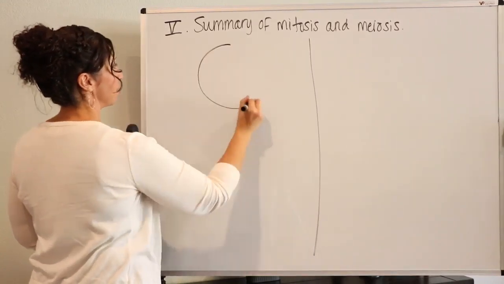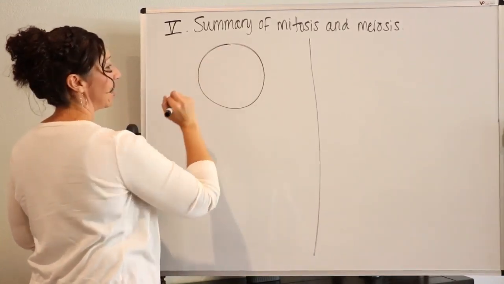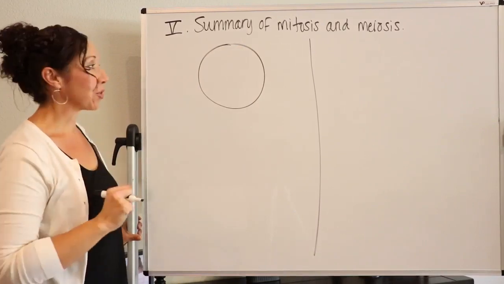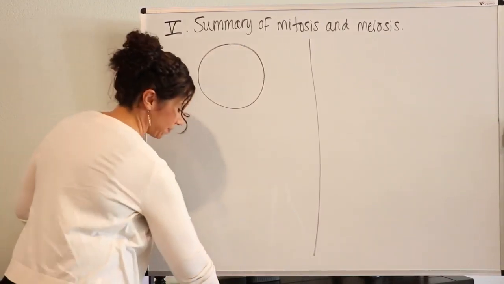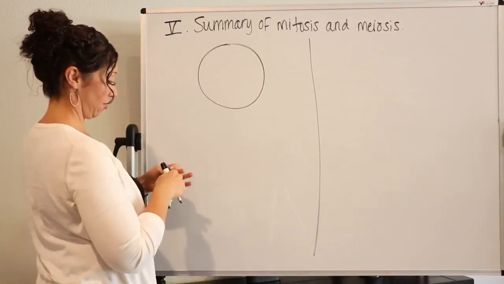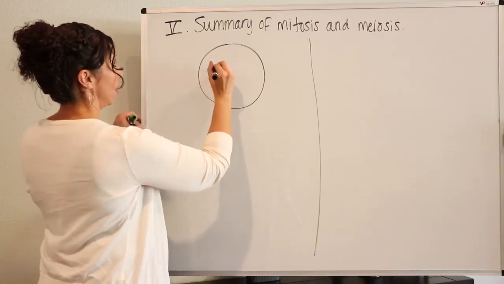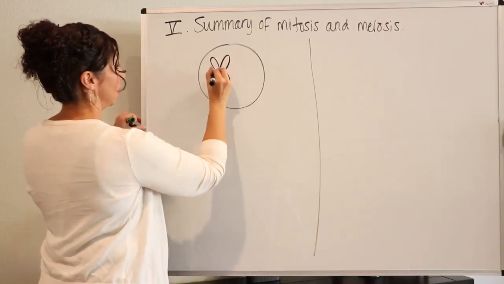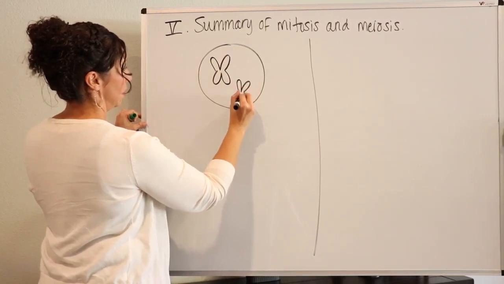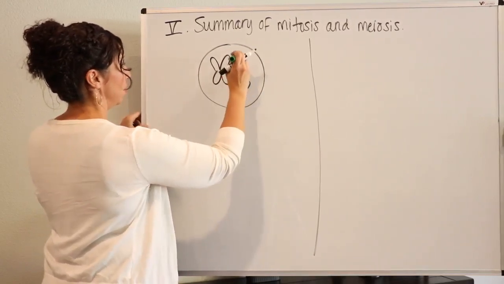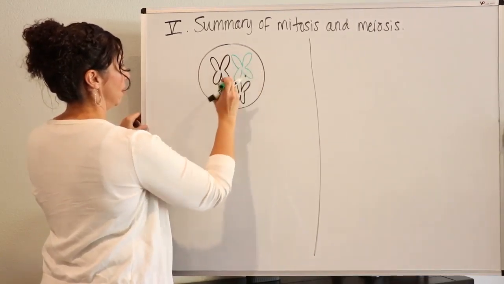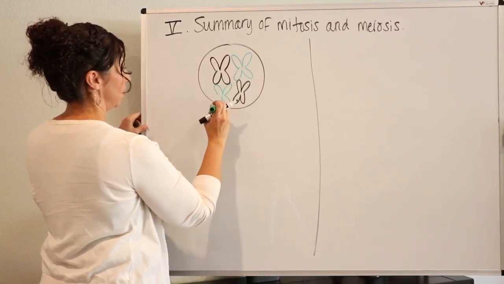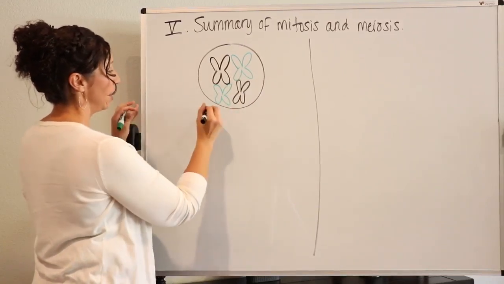So if I have a cell here and I have 4 chromosomes like I did before, I'll have 1, 2. So I have 2 chromosome 1s and 2 chromosome 2s. So we have 4 chromosomes to begin with.